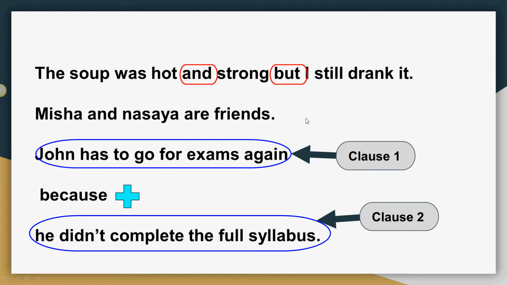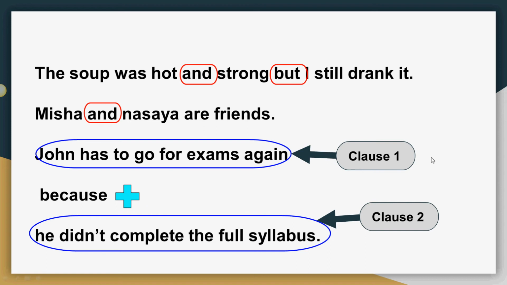Next sentence, Misha and Nasa are friends. Here and is acting as the conjunction word, the joining word, which is joining two nouns. John has to go for exams again because he didn't complete the full syllabus. Here because is used as a conjunction. It is connecting two clauses.